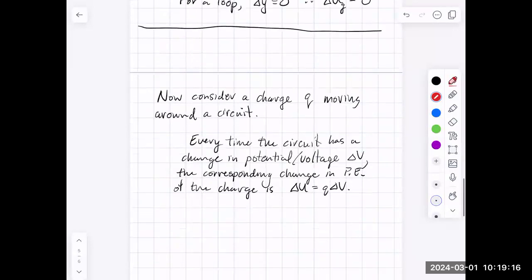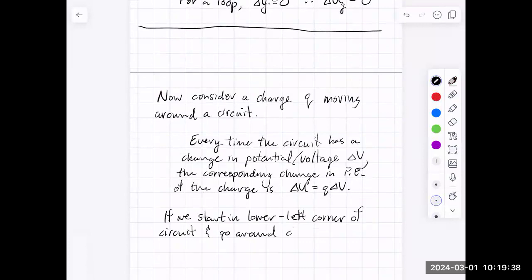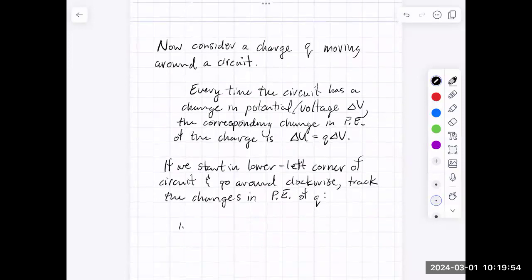So if we start in, let's say, the lower left corner of the circuit and go around, let's say, clockwise, we can track the changes in the potential energy of Q. Okay, so there's a few things that are going to happen.